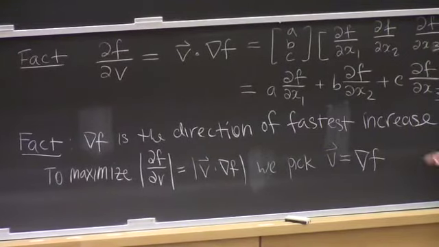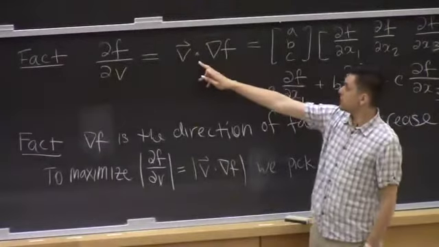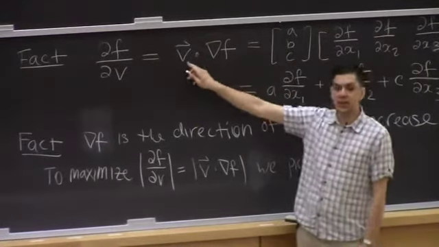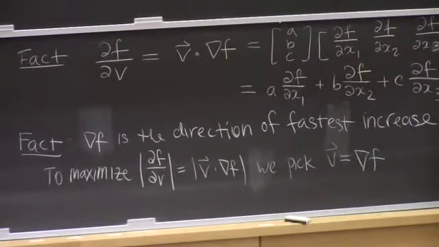Okay, so to make this directional derivative as large as possible, we take gradient dot gradient, right? And that'll make it quite large. Okay, so this comes up on homework 3 a couple times.